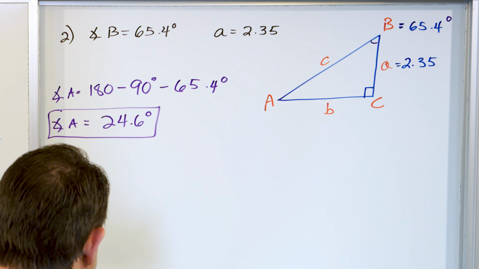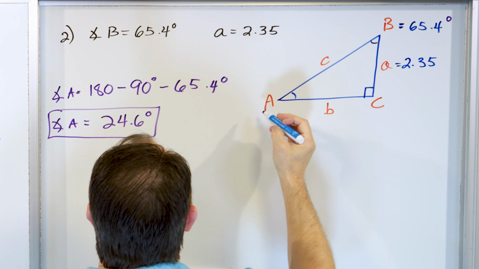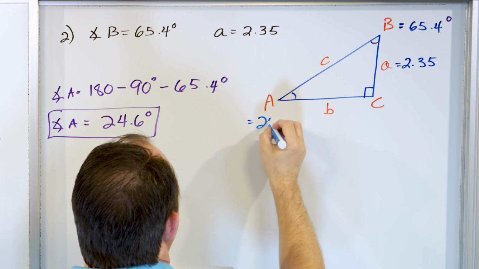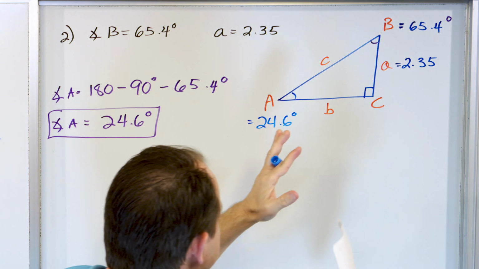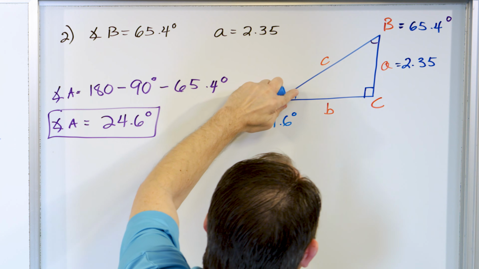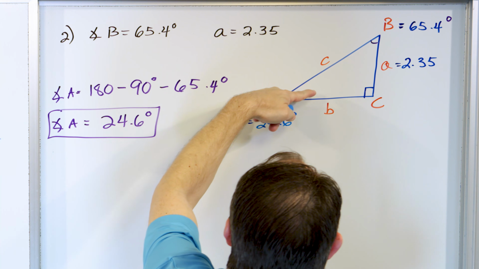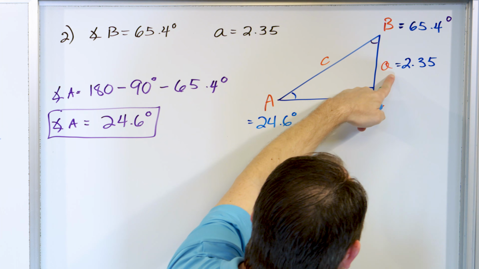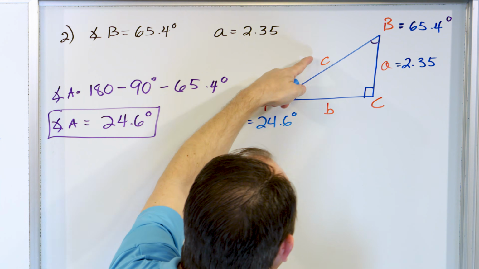All right, next. What can we do next? Right, so we know that this angle right here is 24.6. So now that we have it oriented like this, we want to do our sine and cosine based on this angle over here, and the sine of this angle is going to be the opposite side over the hypotenuse. The cosine will be the adjacent over the hypotenuse.